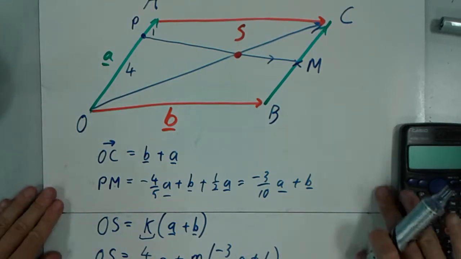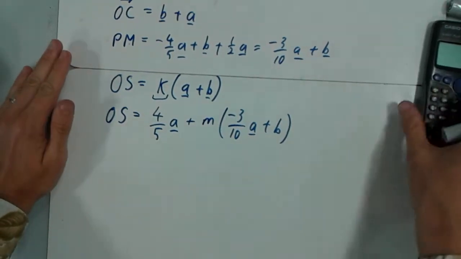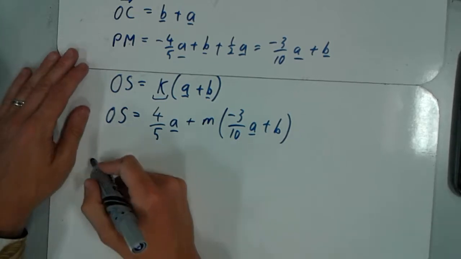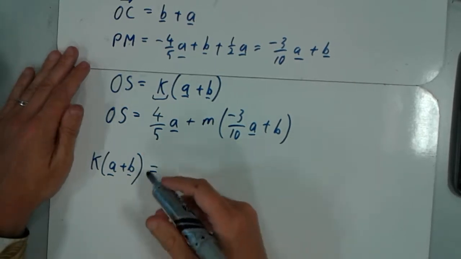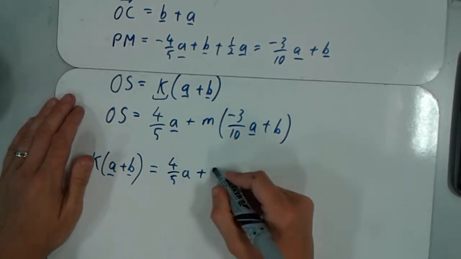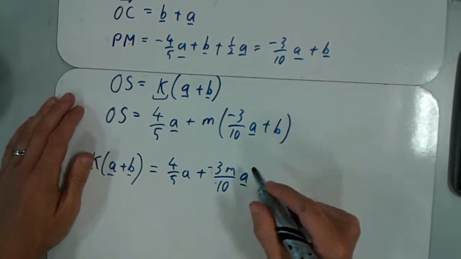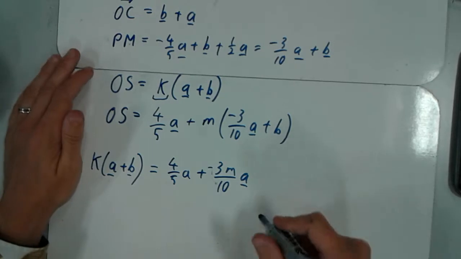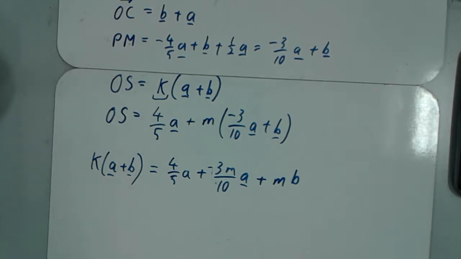Okay, so in maths, if we know that two things are describing the same thing, we can write them as equal to each other, because they are both OS. So we know that k lots of A plus B is equal to 4/5 of A minus 3m over 10 lots of A, just taking my A terms and writing them together, plus m lots of B. Okay, so we know that these two vectors must be equal.